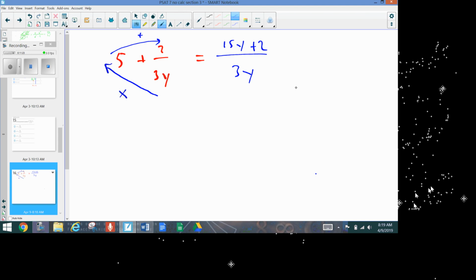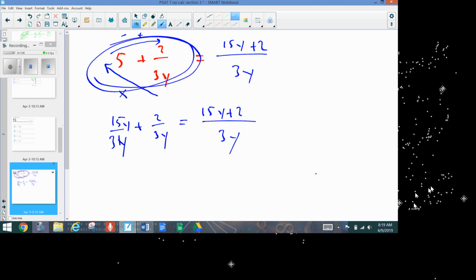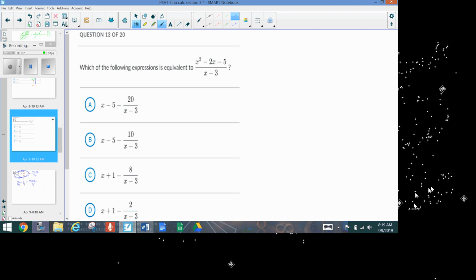Keep the denominator same. Okay. So this technique is way better than doing this, 2 plus 3y. You can do it, multiply by 3y, you can make this 3y, and then multiply this one by 3y, it's going to be 15y, it's going to be same thing, right? But this is kind of more challenging, this is faster. Now let's get back to the original question and solve it.